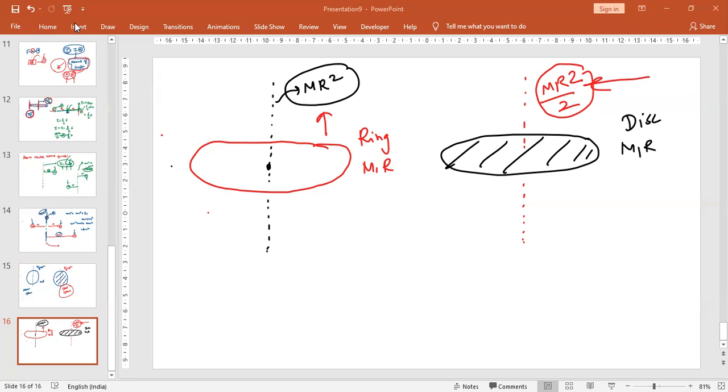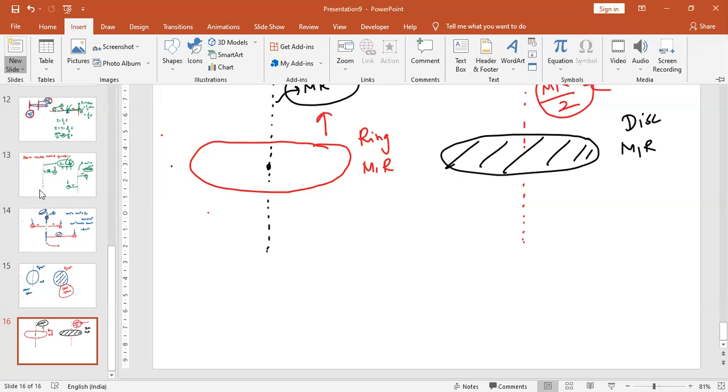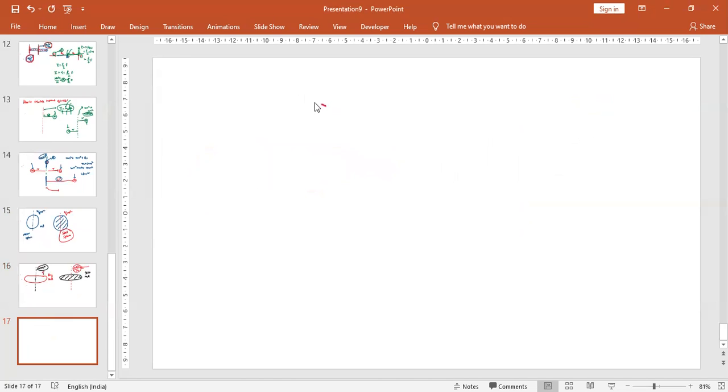Okay, now suppose there is a question in the exam like this. Suppose that we have a solid sphere that can rotate about its center.